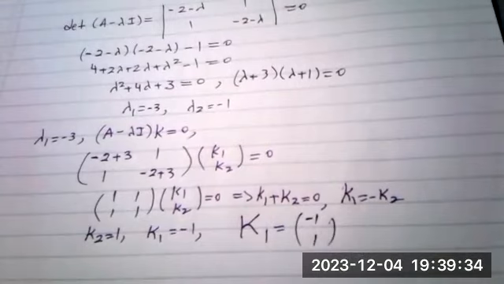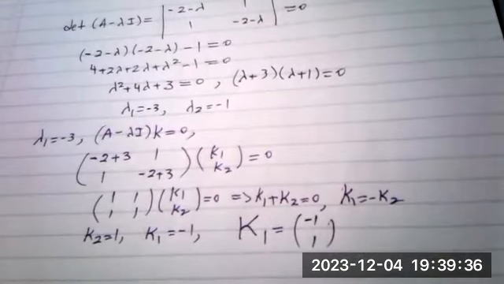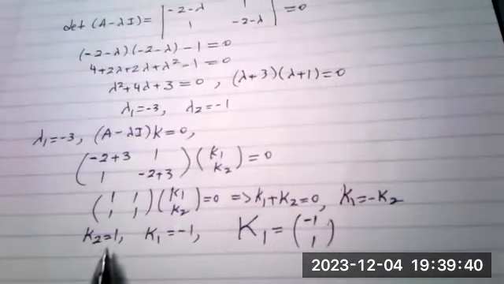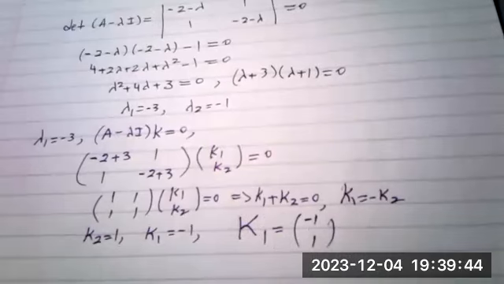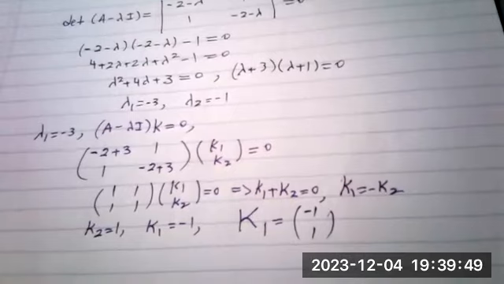So this is going to be one of them. I pick k2 equal to 1, and that is -1. That gives us the first solution.